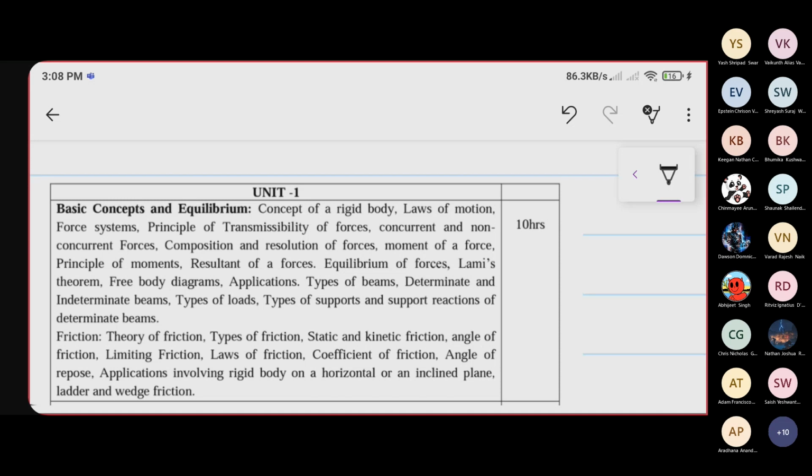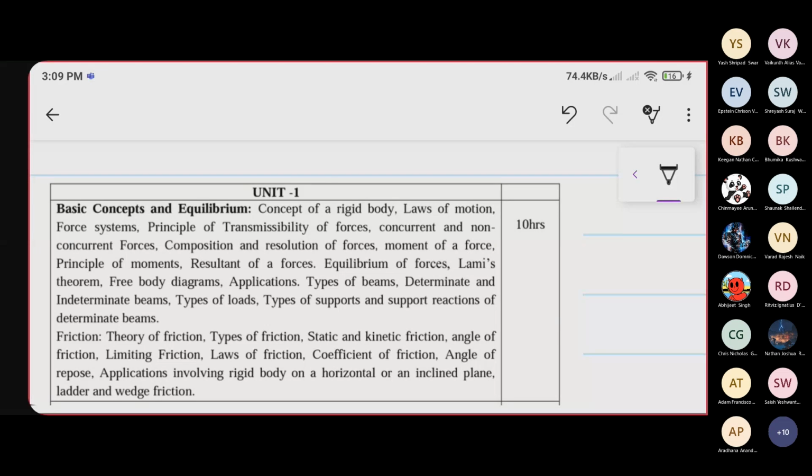Then in the first module only, friction will come, that is another chapter we can say. Then theory of friction, types of friction, static, kinematic friction, angle of friction, limiting friction, laws of friction, coefficient of friction, angle of repose, and last one will be ladder and wedge friction.